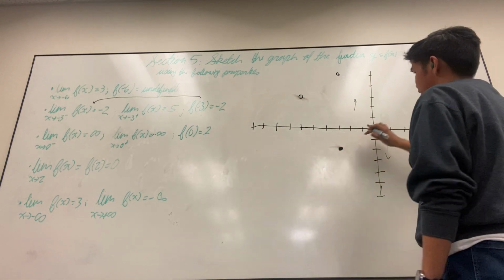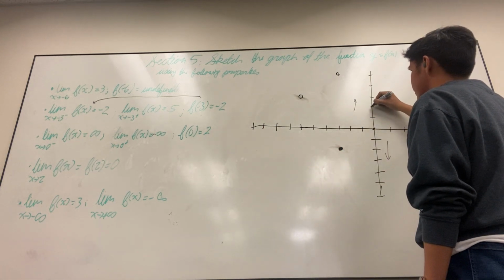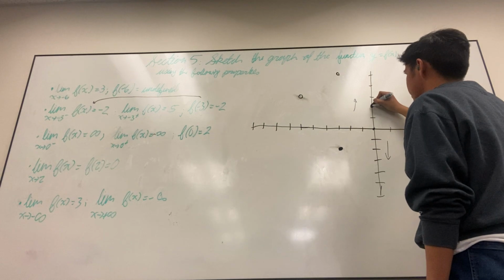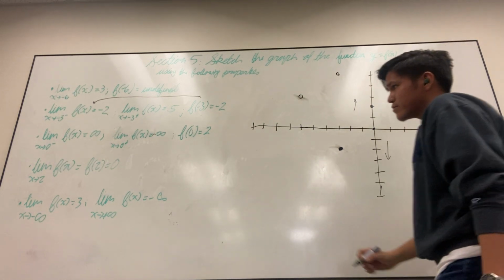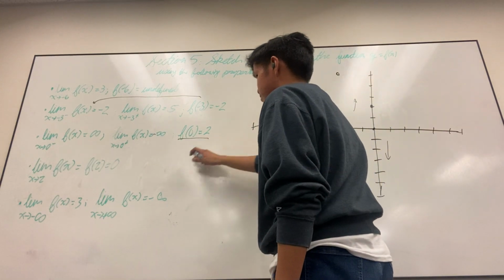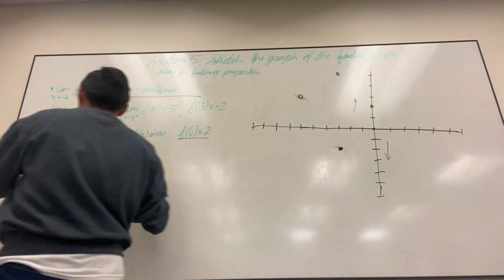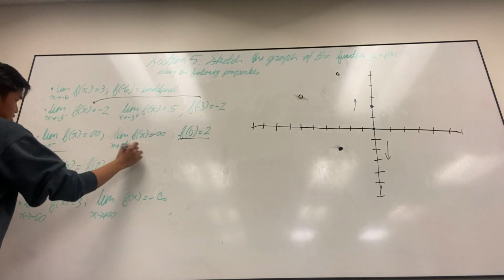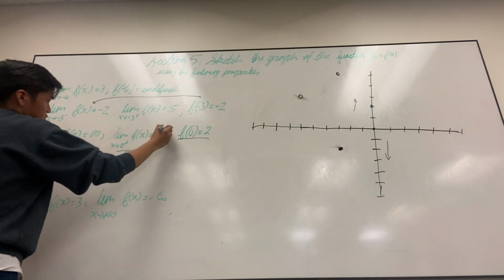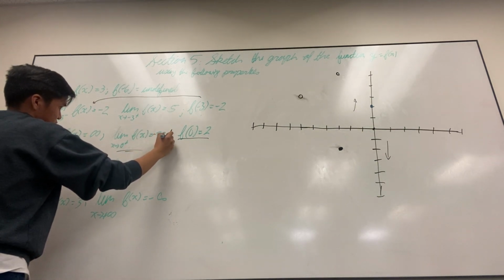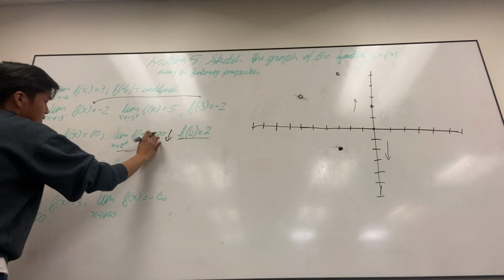However, we're given a point at f of 0 equals 2. So we can solid in the point at f of 0 is 2. This is crucial information, and these two are just determining points. So we determine whether from the negative side it's going to positive infinity, or from the positive side it is going to negative infinity.